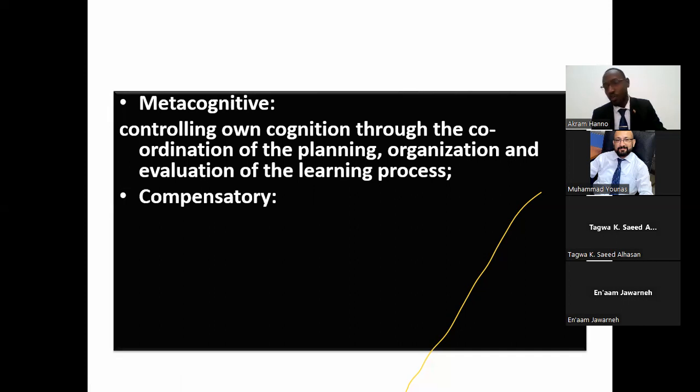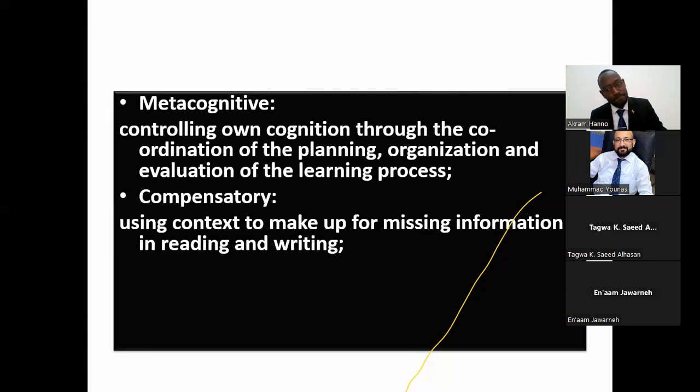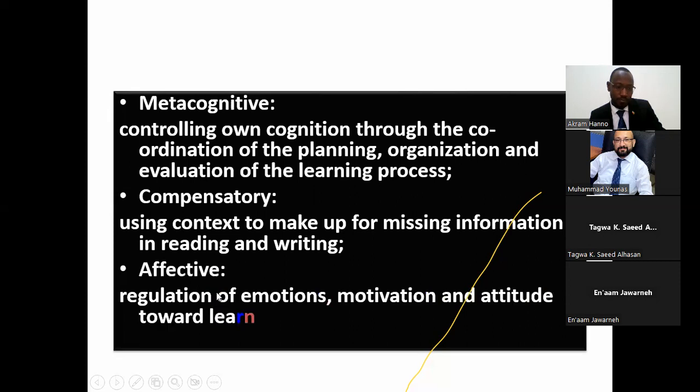Number 4 is compensatory: using context to make up for missing information in reading and writing. And yes, affective: regulation of emotions, motivation and attitude toward learning.